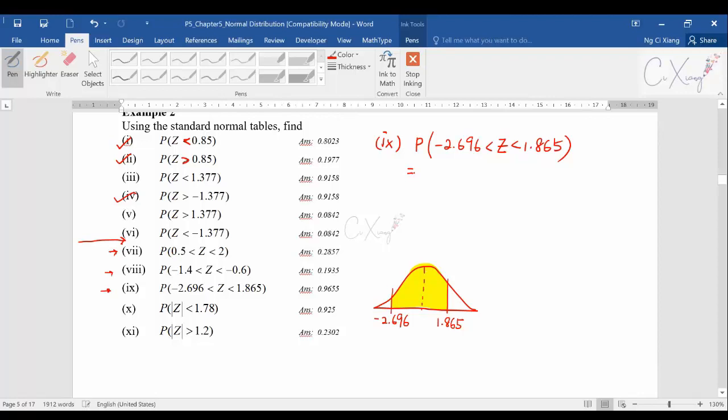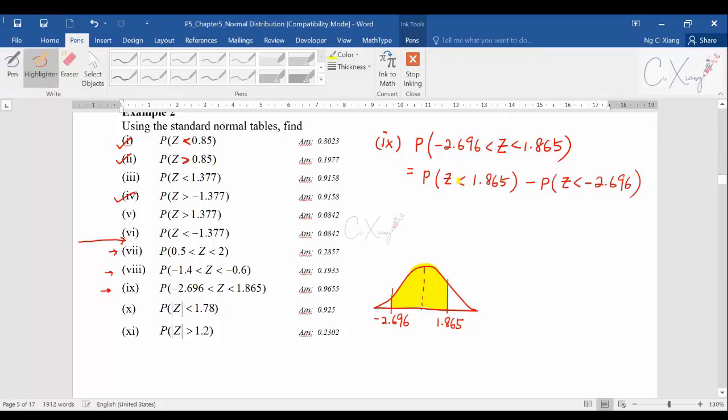Standard method means that no matter Z is between two positive values or two negative values or one positive, one negative or whatsoever, as long as Z is between two values, then usually what I will do is I will take Z smaller than the value at the back minus Z smaller than the value in front.